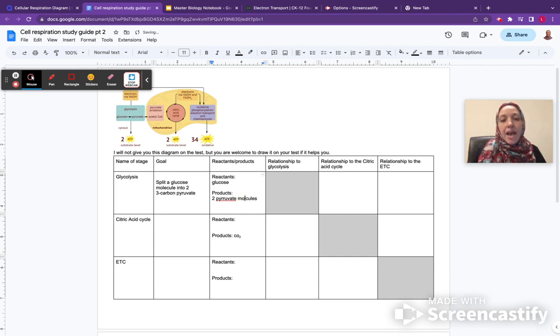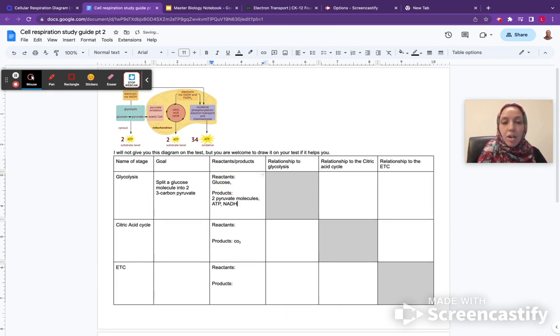And then what else did we say that we're producing during this process? We said that we're producing ATP and NADH. So those would be our products. If we are making NADH, that means that we must be using NAD+, and that will be important when we want to talk about fermentation.